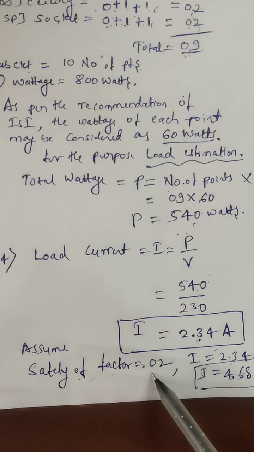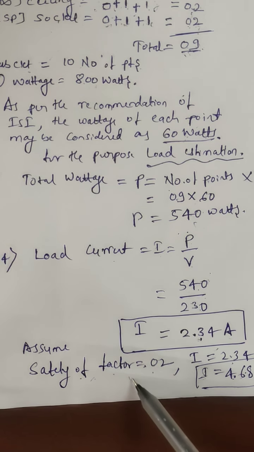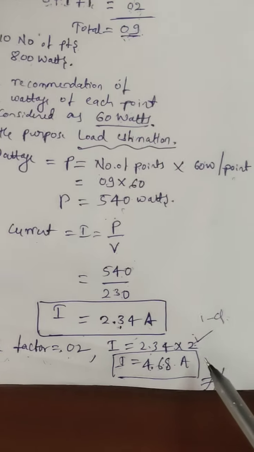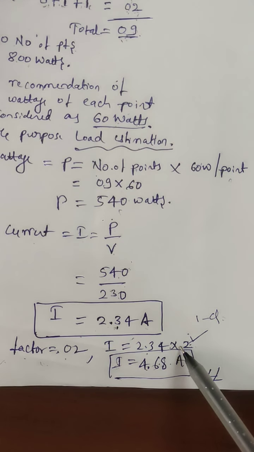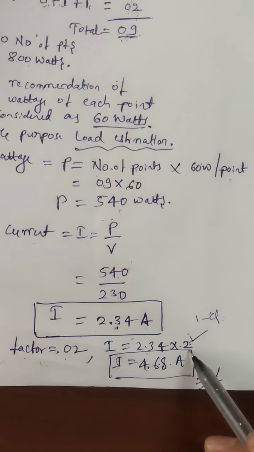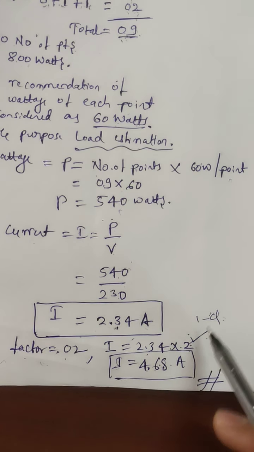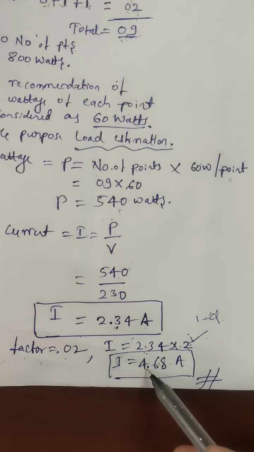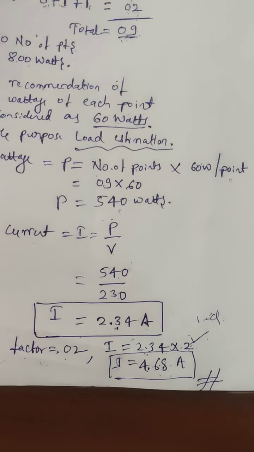That's why, before selection of the cable, we need to consider the safety factor for this current rating. So 2.34 you have to multiply by 2 as a safety factor for single phase supply, and by 3 for 3 phase supply. Now it is single phase supply, so I have taken 2. So 2.34 into 2 we got 4.68 ampere. So this is the load current.